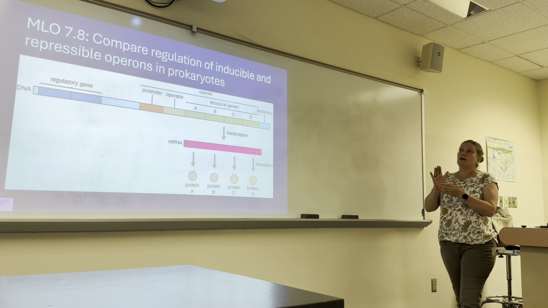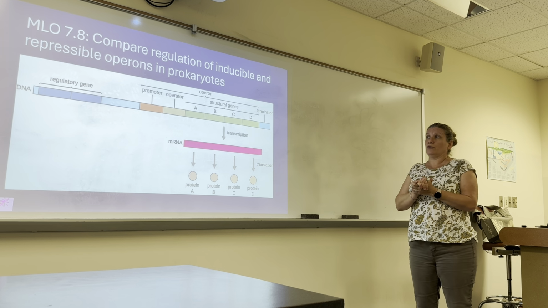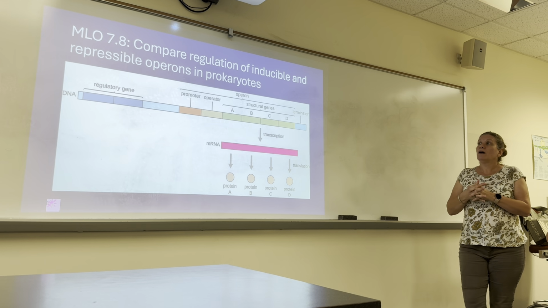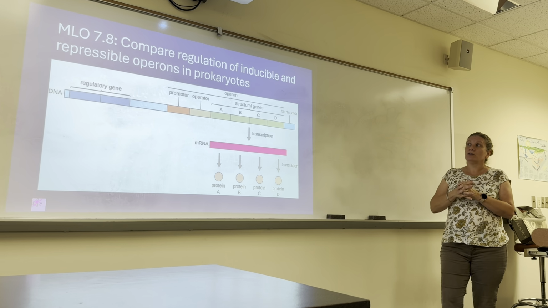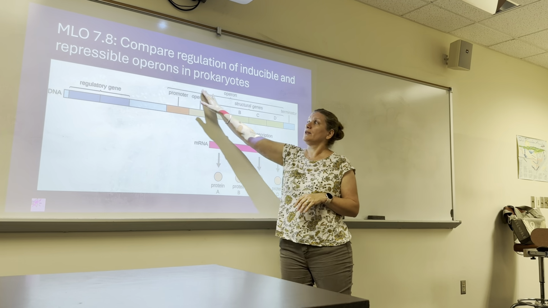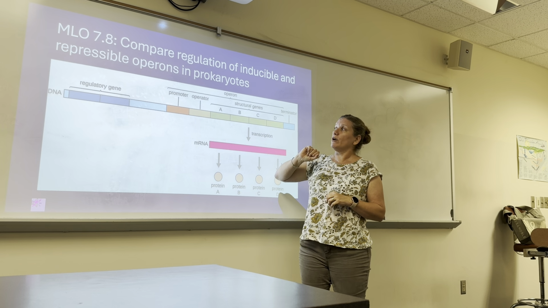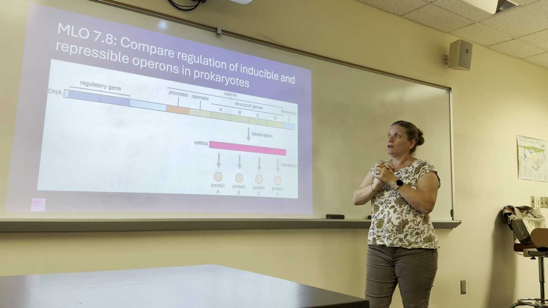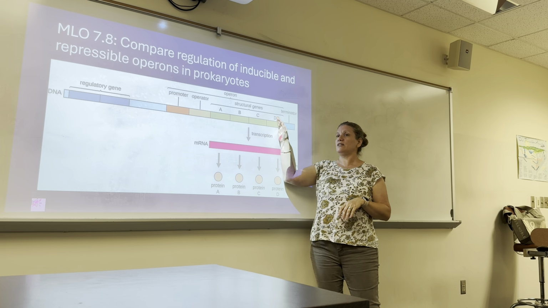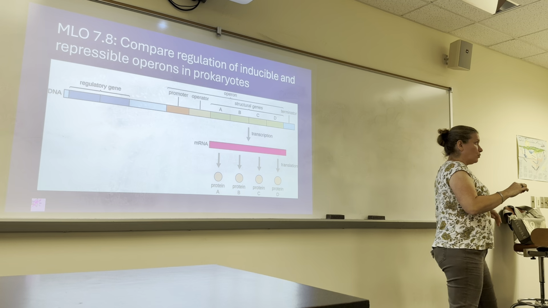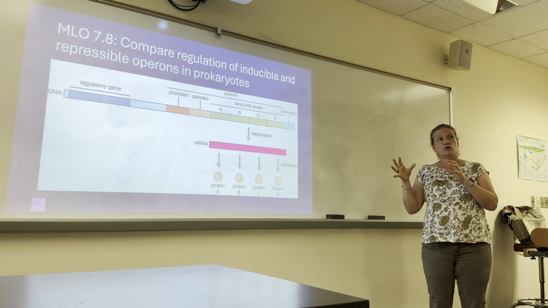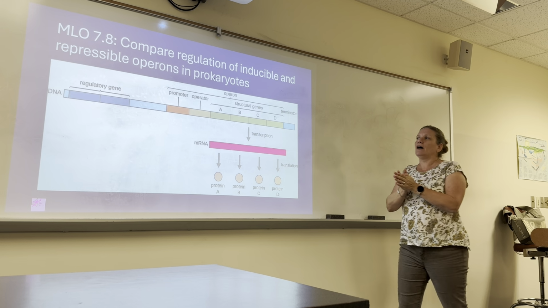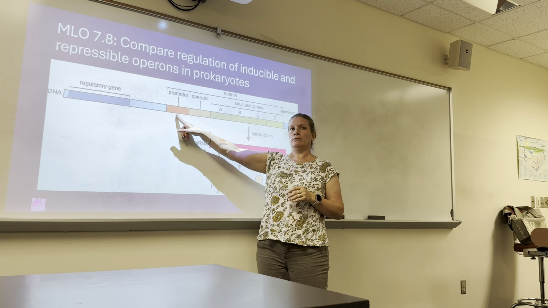For transcriptional control, though, in prokaryotic cells, they have a unique gene structure called the operon. The operon is where they set a group of structural genes, in this case A, B, C, and D. Those are 4 different genes to produce 4 different proteins, but they're all back to back under one promoter.